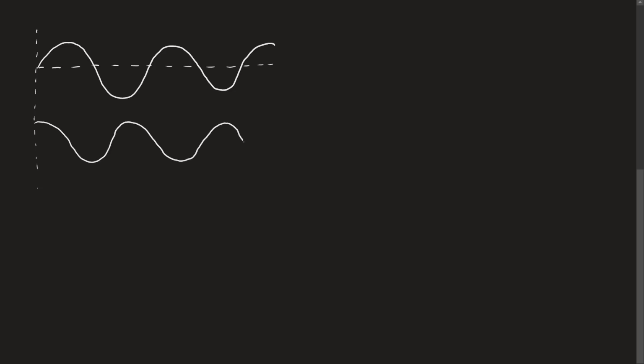This wave starts like this, where this is its equilibrium line, but this wave down here starts like this. I'm trying to do this as accurately as possible. So this starts at 0, essentially this is a sine curve, whereas this starts at 1, so this is a cosine curve.